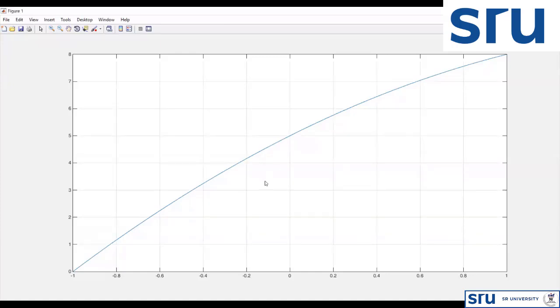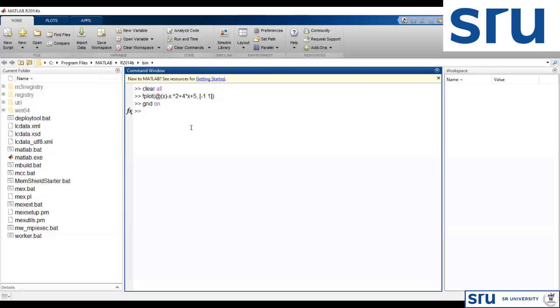Now you have to find the minimum value of this function. We'll see in MATLAB. So this plot is plotted.